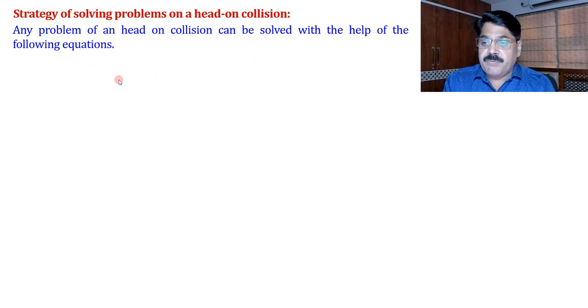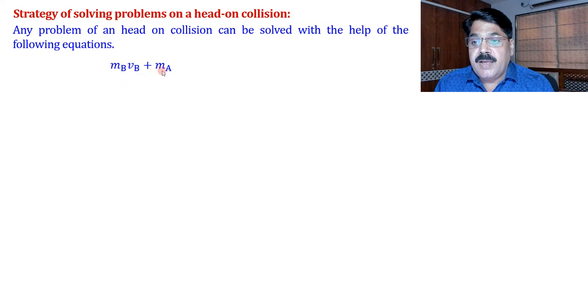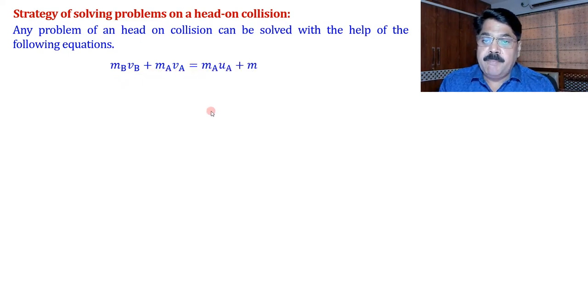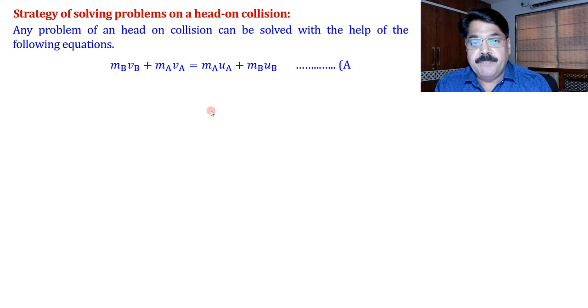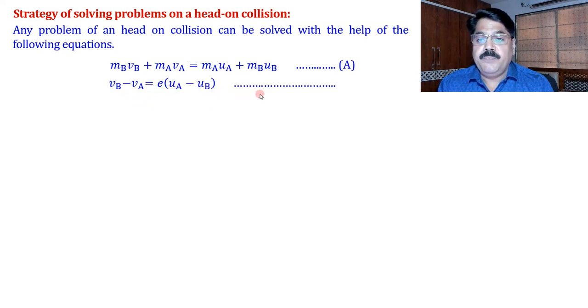The first equation from conservation of momentum, that is MB VB plus MA VA is equal to MA UA plus MB UB. We call it equation A. And for E, that is VB minus VA is equal to E, UA minus UB. We call it equation B. Now if you see these two equations, there are many unknowns: two masses, four velocities, two before collision and two after collision, and one coefficient of restitution.